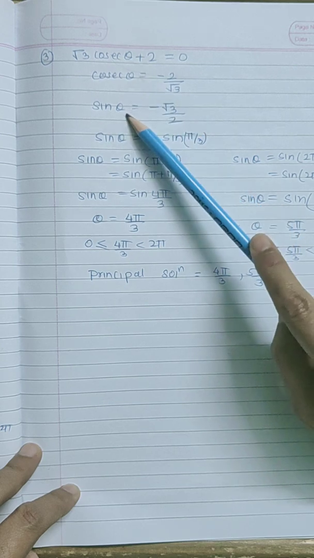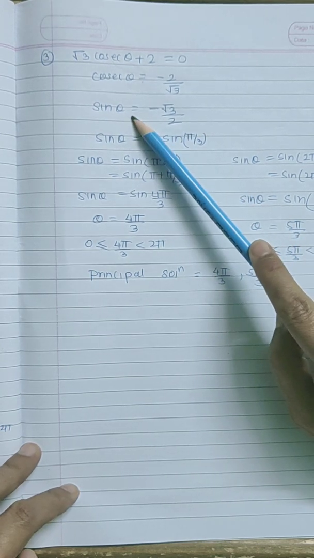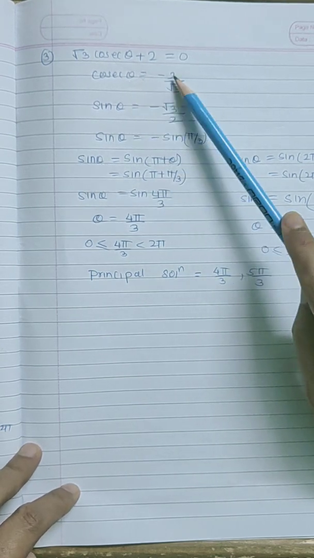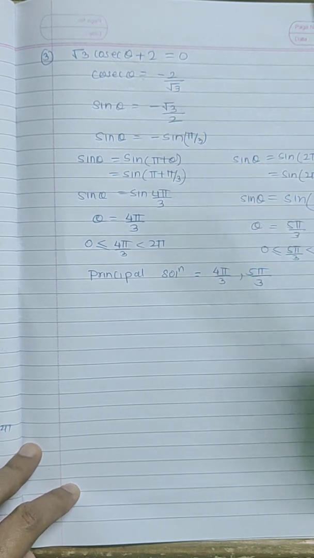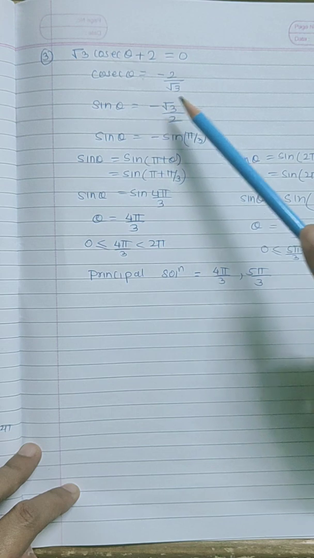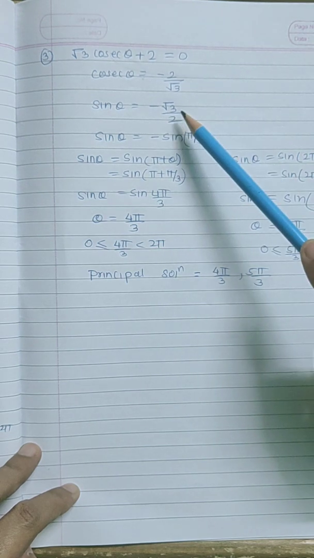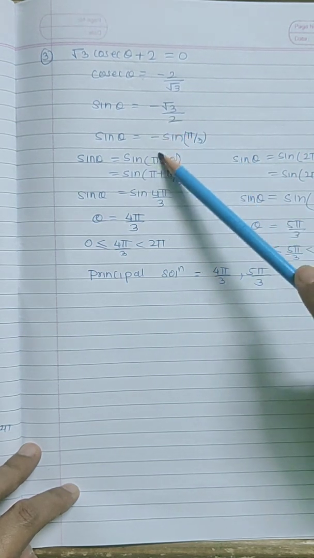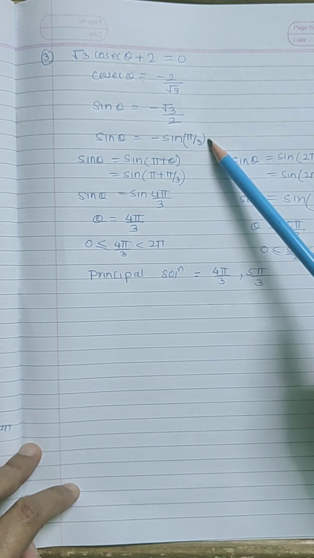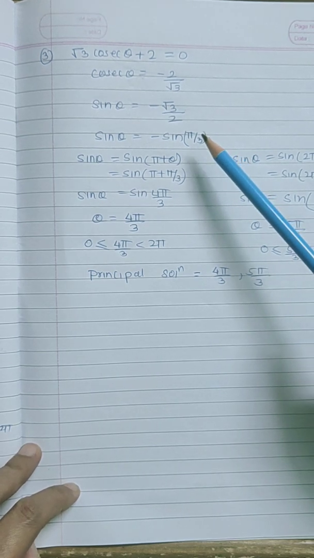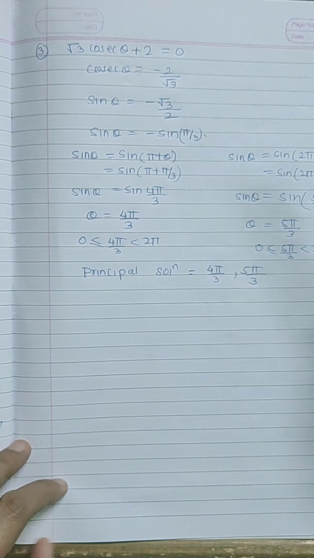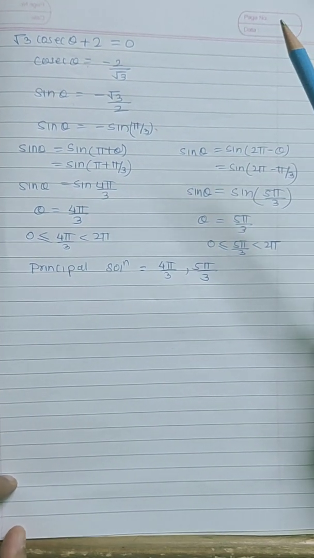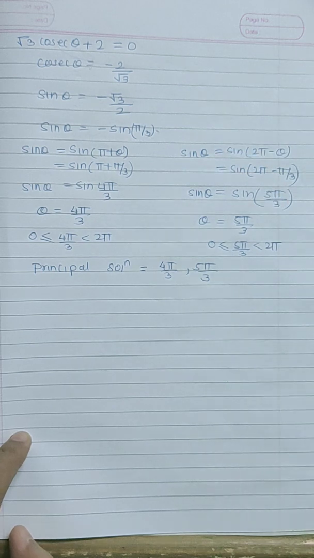Now this cosec we will convert and take into sine because we know the sine values. So sin theta is equal to minus, as it is, and take the reciprocal, root 3 by 2. Now the sine value is root 3 by 2 at pi by 3. So sin theta is equal to minus sin pi by 3. Now we have to see in which quadrant the sine value is negative.